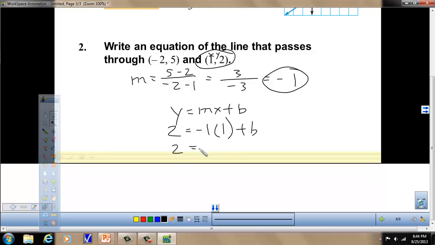That's the same as 2 equals -1 plus b. And adding 1 to both sides, we get b is equal to 3. Now we have our slope and our y-intercept. Our equation is y equals -1x, or -x, plus 3. Again, our slope is -1, so it's -x. Our y-intercept is 3.